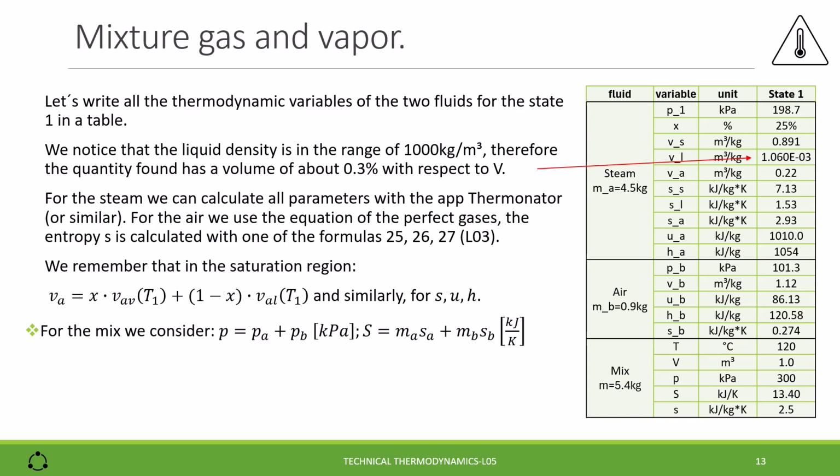For the mix, we consider P equals PA plus PB, S equals MA into SA plus MB into SB, where S is capital S divided by M. S is the specific entropy.